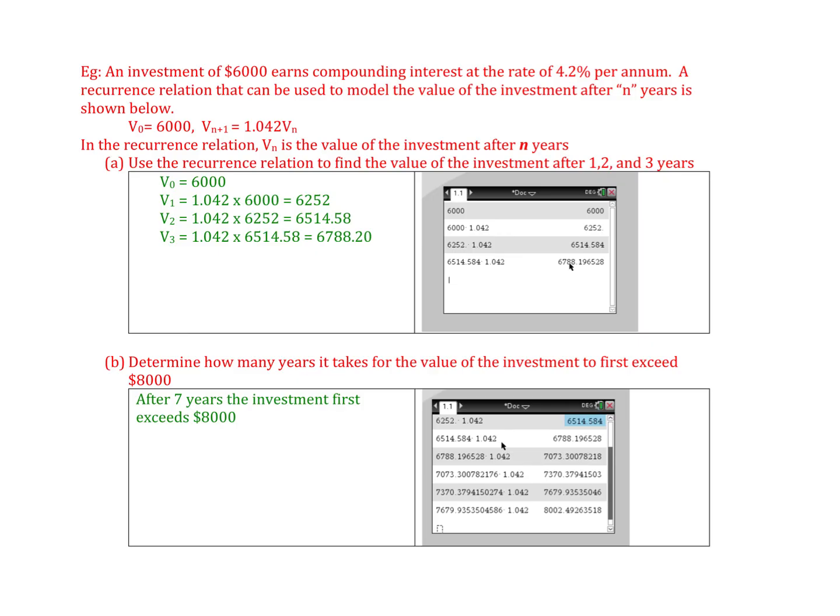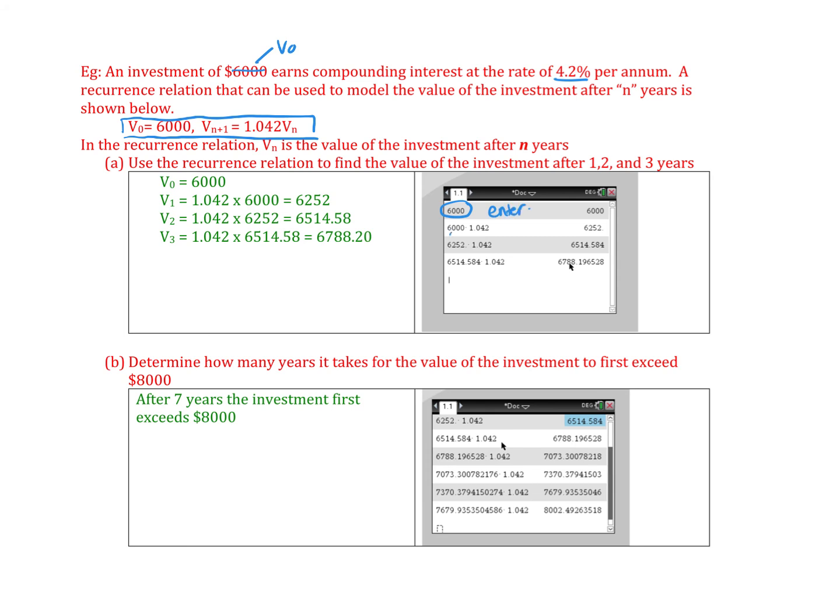Okay, an investment of 6,000 earns, so here, 6,000 is our VO, earns compound interest of 4.2% per annum. A recurrence relation can be used to model it after n years. So here, that's a recurrence relation. You can see they put both VO and the rule. It says use the recurrence relation to find the value after 1, 2, or 3 years. So here is where we type in the first one and we press enter.